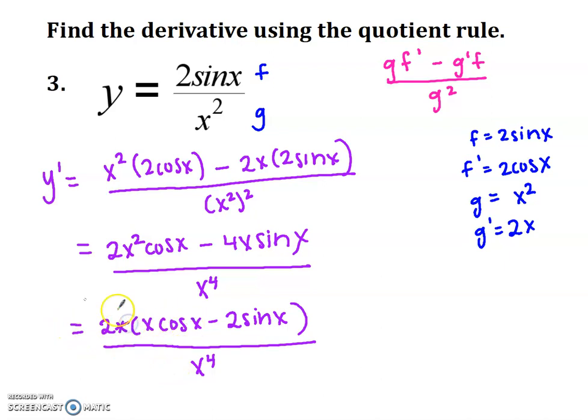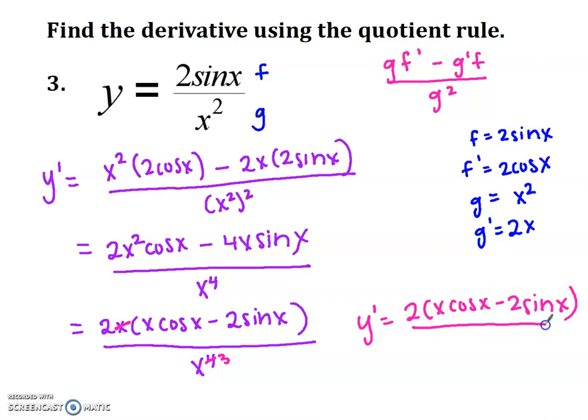I can cancel this x with one of these. So my final answer for the derivative, and it always needs to be fully reduced, so that's why we want to cancel those x's, will be 2 times x cosine of x minus 2 sine of x all over x cubed.